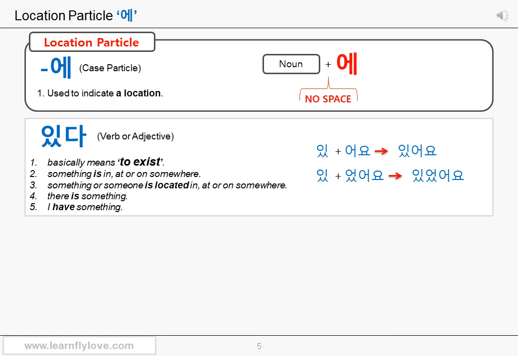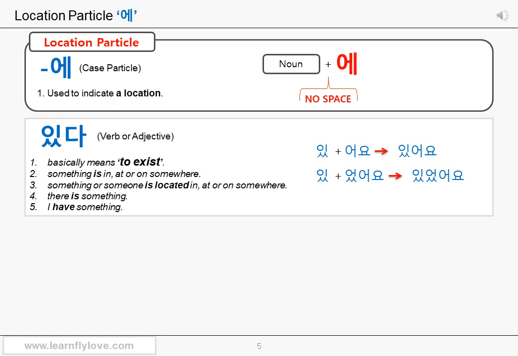있다 basically means to exist. 있다 can also be used to mean something is somewhere, or something or someone is located somewhere. It can cover all the English prepositions that are used to indicate the location of something, such as in, at, on, beside, next to, in front of, inside of, above, below, under, behind, etc. Now you're getting the picture? 있다 can also be used to mean there is something.